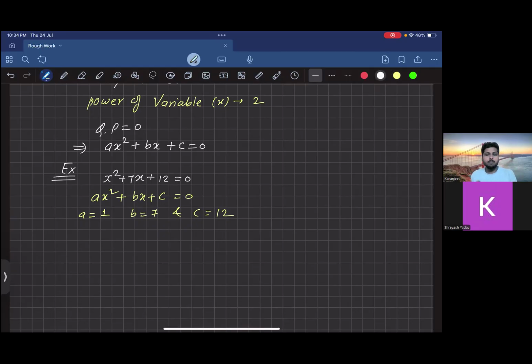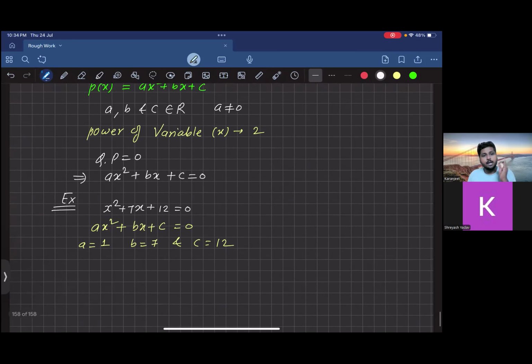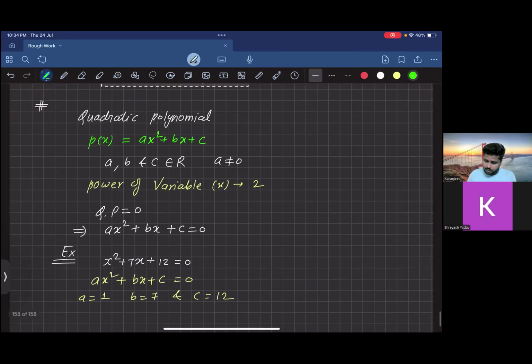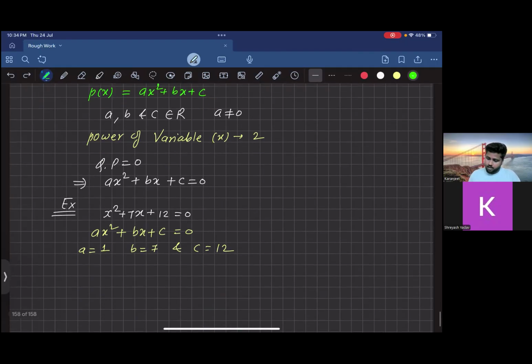All of a, b, c belong to real numbers, with a not equal to 0. Why a not equal to 0? Because if a becomes 0, then our leading term becomes 0. Then the equation becomes bx plus c, and it is not quadratic, it becomes linear. Linear means degree 1, quadratic means degree 2. Degree 2 is very important for us.